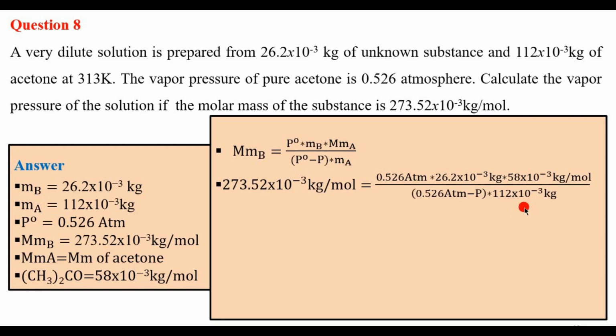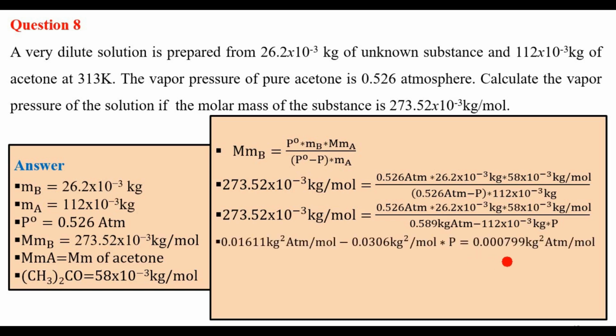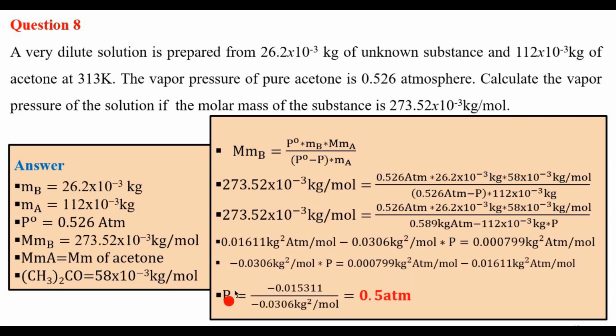So we can do the calculation. The remaining work is the calculation and the rearrangement of the terms. After rearranging different terms to look for P, we find that P, the vapor pressure of the solution, will be equal to 0.5 atmosphere. So you can do your calculation and see whether you are getting the same answer.